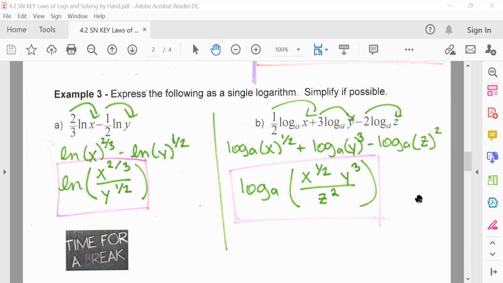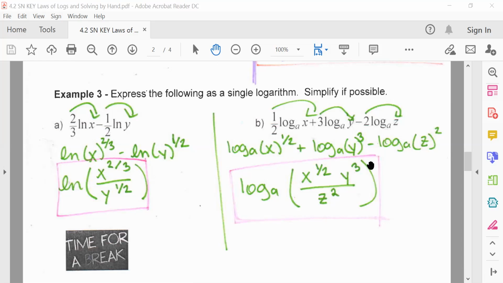Okay? Now, we have two of these terms added and the third term subtracted. So the two individual logs that were added together condense into one log of the two factors multiplied. So log base A of x to the 1/2 times y to the 3rd, because these two individual logs were added.